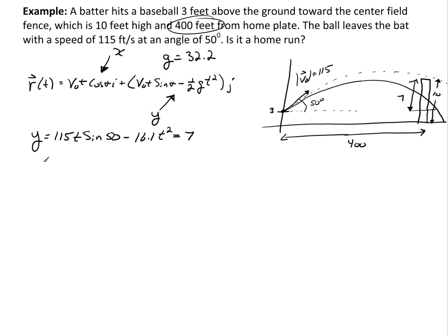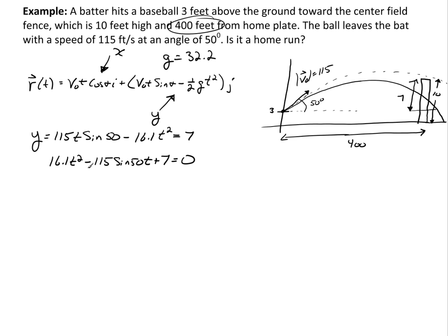And I'm going to write this again, and I'm going to pull this over. I'm going to say 16.1 t squared minus 115 times sine of 50 t plus 7 is equal to 0.